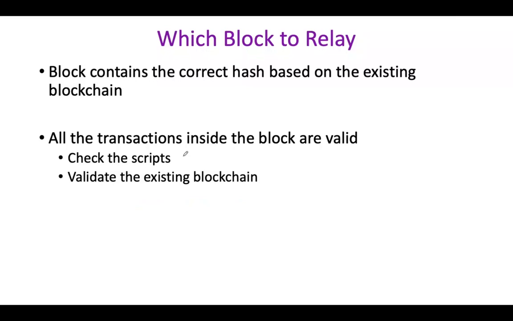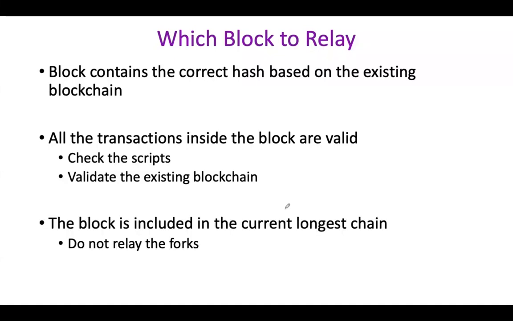Once the script check is true, that block will be validated and added to your existing blockchain. So the block is included in the current longest chain, and the forks are not relayed.